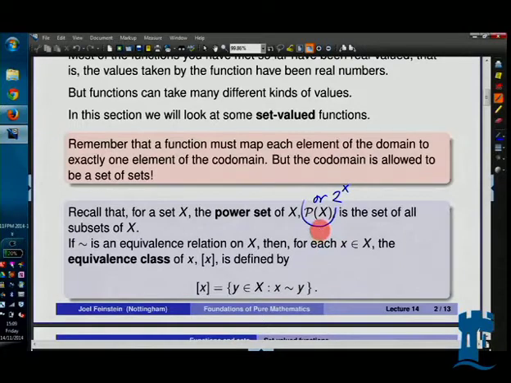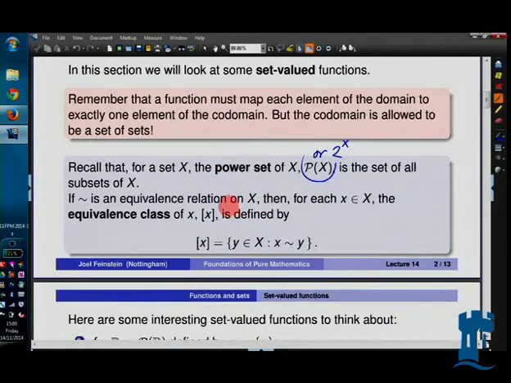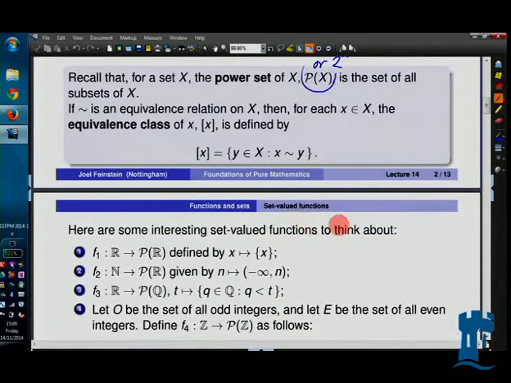And that is already an example of a function whose values are sets, because for each x, this square bracket x is a set of elements. So if you take the map that takes x to its equivalence class, that's a set-valued function. Okay, so here are some set-valued functions.